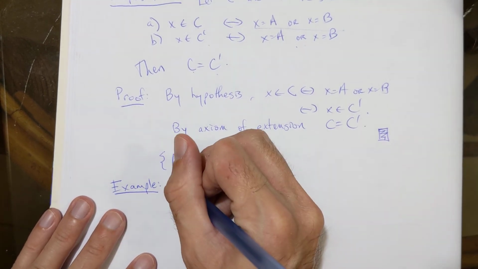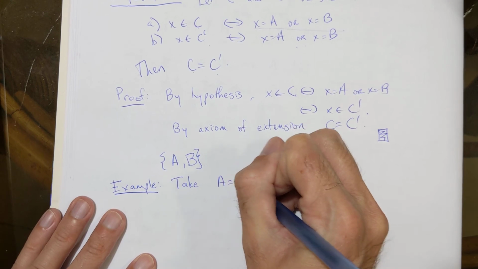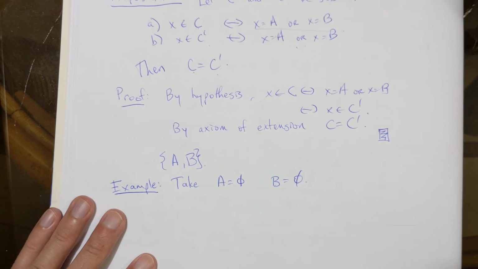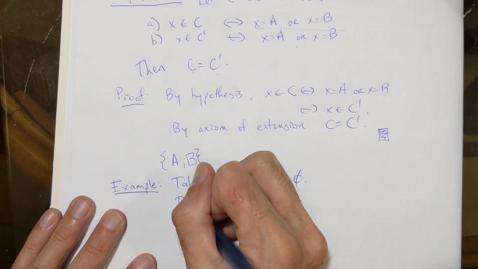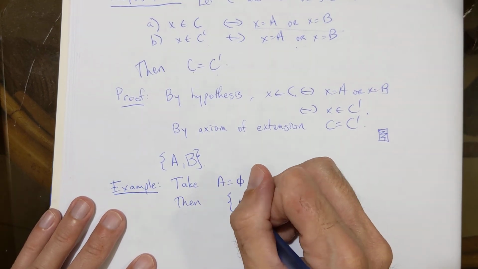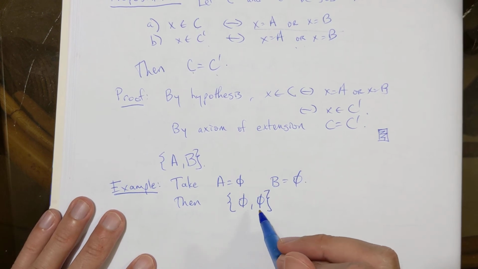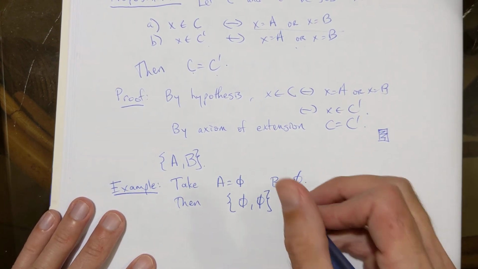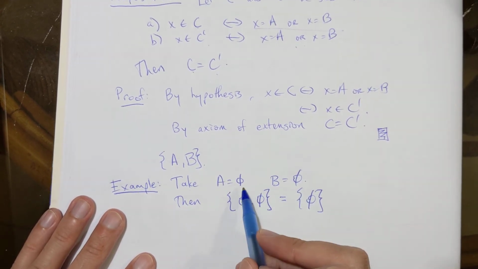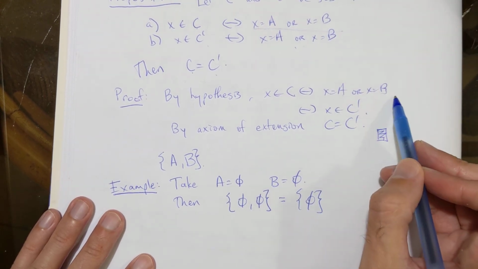Well, we know we have the empty set. We also know we have the empty set. Then the unordered pair of these two things is a set such that X is in the set if and only if X equals the empty set or X equals the empty set.